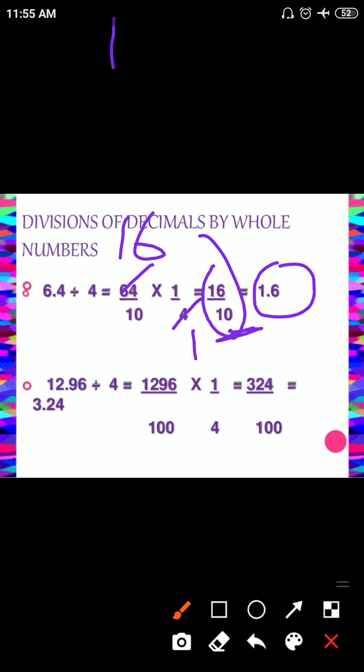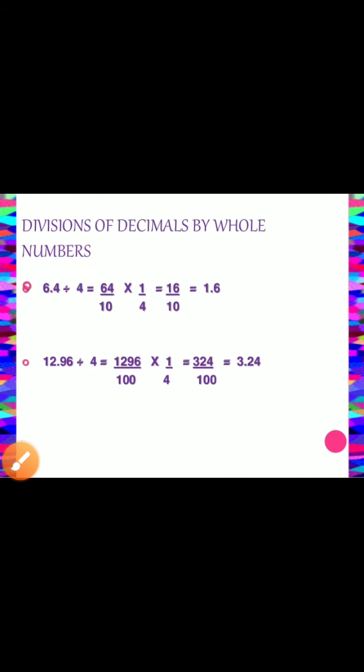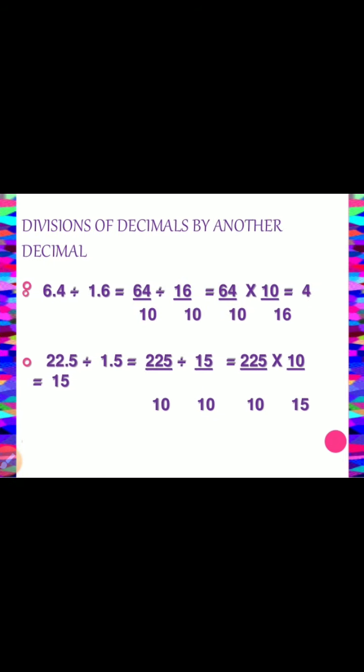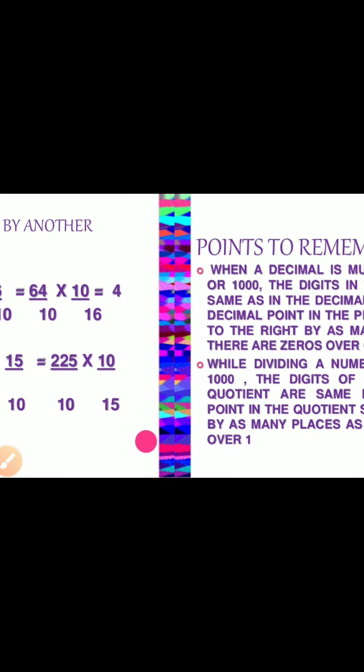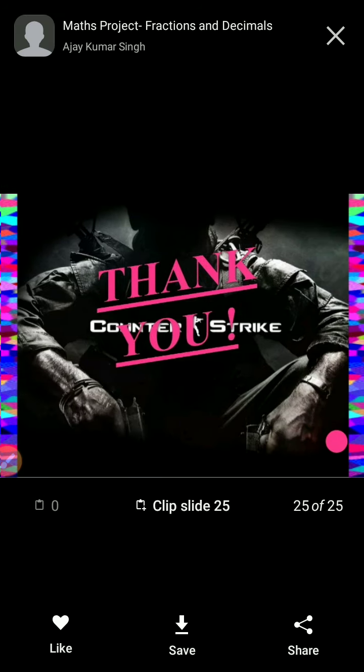For example, if 16 upon 100 is here, the decimal will shift 2 places, so your answer will be 0.16. That will be your answer. This is also the same, so try to practice these types of decimals, and these are the points to remember. Thank you.